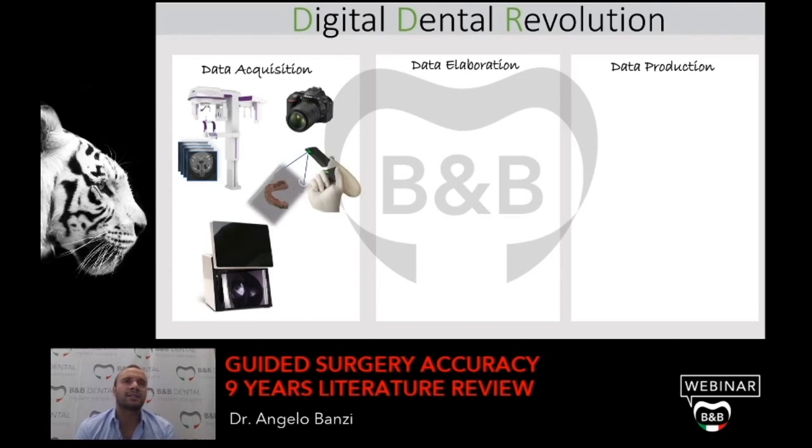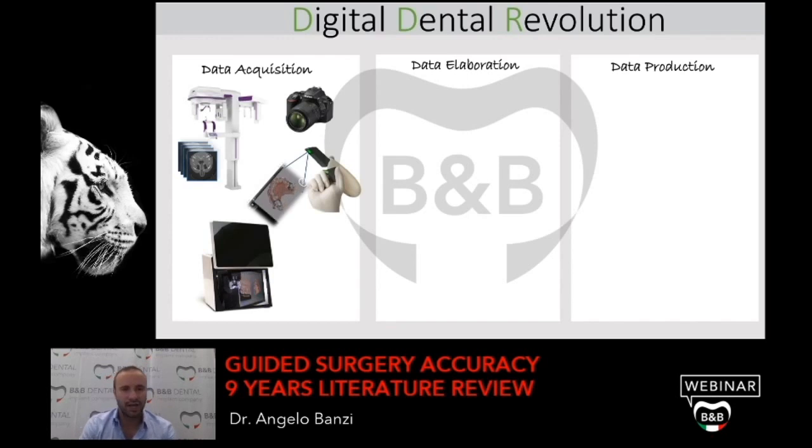Intraoral and extraoral scanners allow us to have the virtual imaging of soft tissues and teeth, creating STL files. Finally, the reflex camera. With the reflex, I'm going to get the virtual imaging of the smile of the patient at the beginning, during and post-surgery and prosthetic rehabilitation, creating JPEG or RAW files. It's up to you which one you want to use.